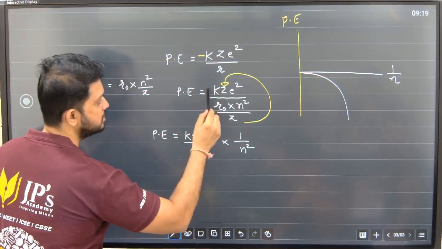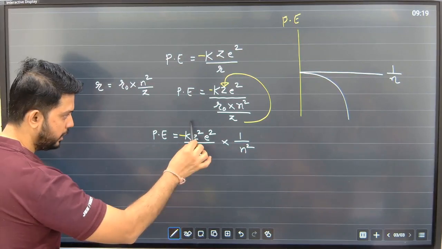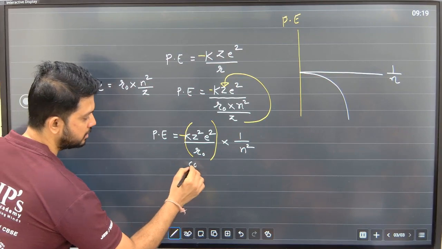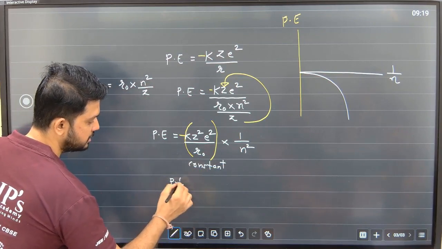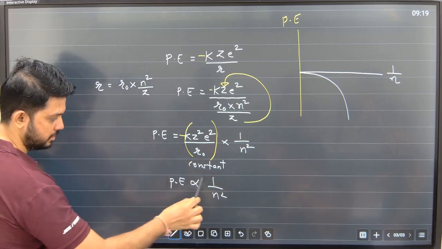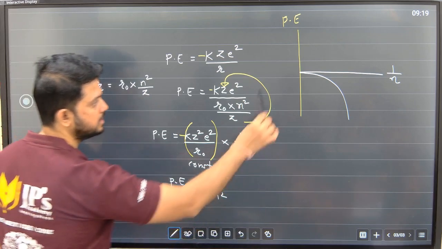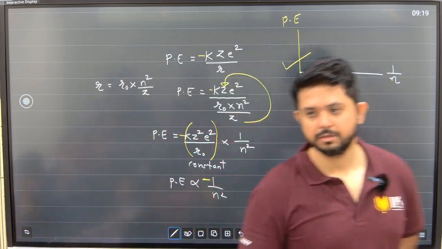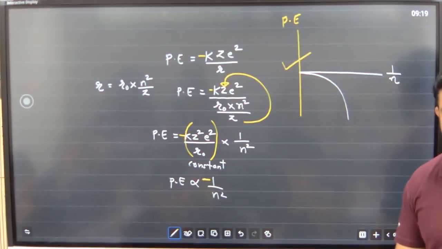I forgot the minus. Yes or no? ये पूरे term is actually a constant, and we get potential energy is proportional to 1 upon n squared, remember there's a minus over here, getting that, and hence this plot is correct. Did you people get that?